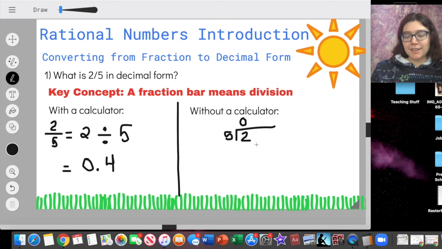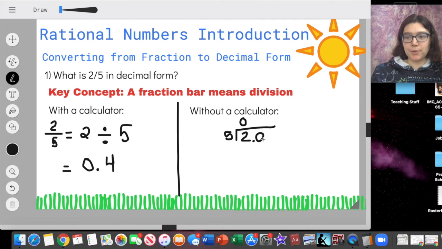But then I didn't get very far. So what you can do is 2, that's the same as 2.0, the same as 2.00. Adding zeros after a decimal point doesn't change anything. So I'm just going to make it 2.0 because it's actually all we're going to need here. So then I look at this and say, how many times does 5 go into 20?